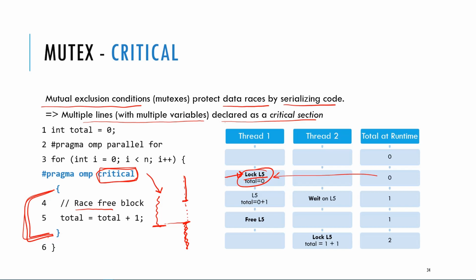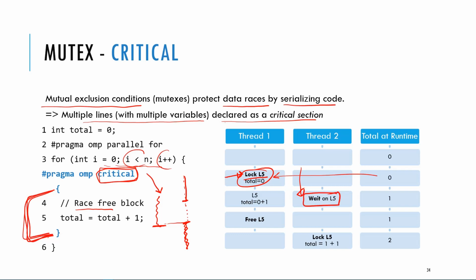So even if the execution is transferred to thread number two, it can progress on the for loop check, on the incrementation, anything else it wants. But once it reaches this block of code, it has to wait on line number five.